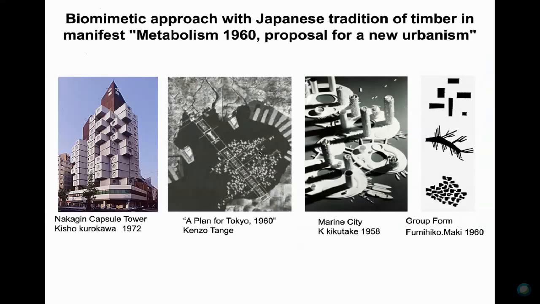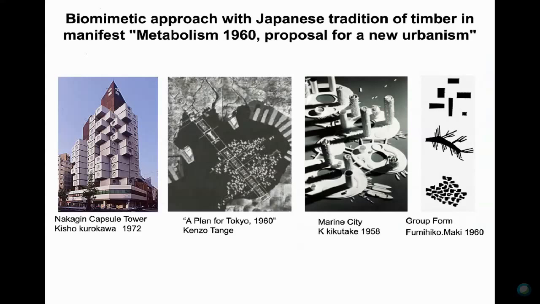Research on Japanese traditional architecture in terms of adaptability, function, and scale, however, computer simulation and the knowledge of complex science were not advanced enough to implement it in 1960.